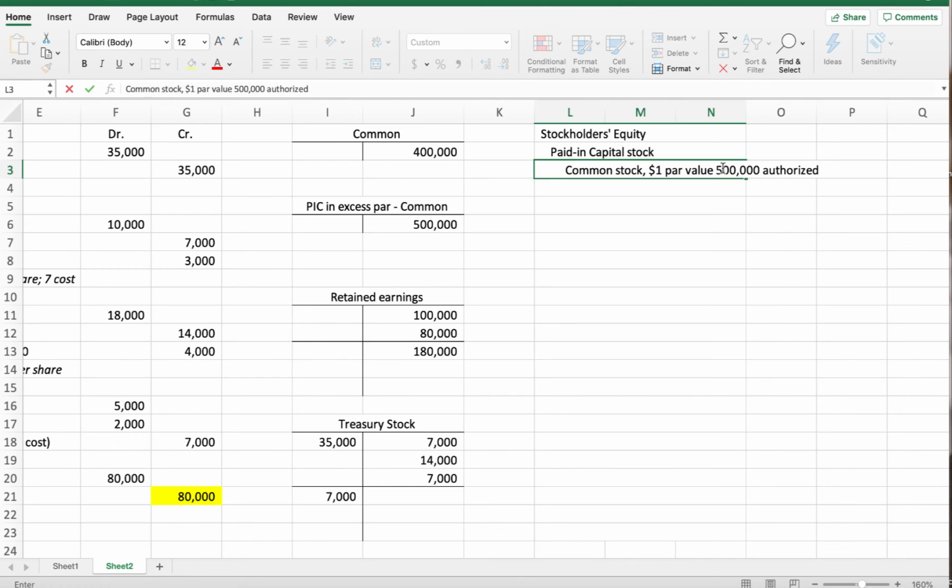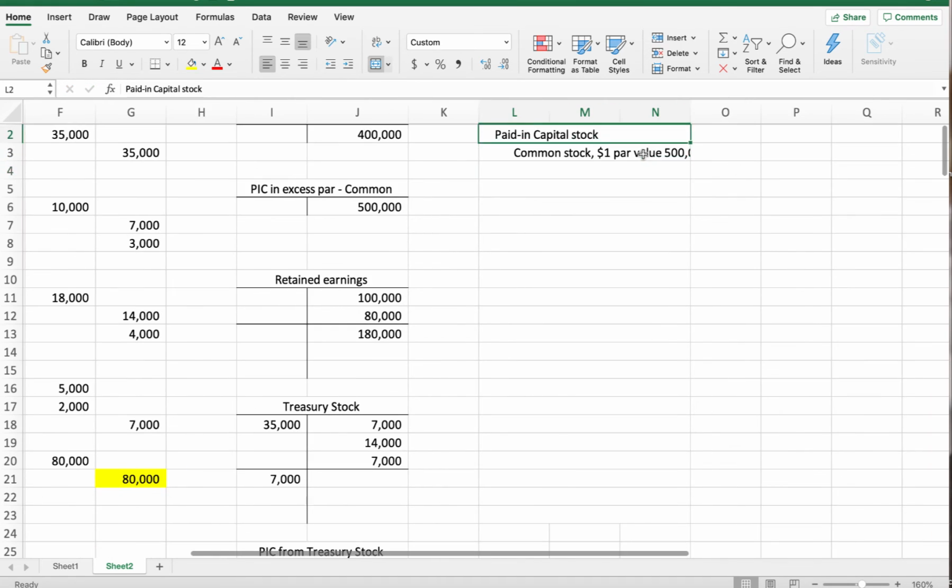Of that 5,000 shares authorized, excuse me, how much of it is common stock? Or let me rephrase that. 5,000 shares were authorized. How much were issued? Well, we have 4,000, right, of common stock. So that's pretty much what we need to list. Authorized 5,000, 4,000 issued and outstanding.